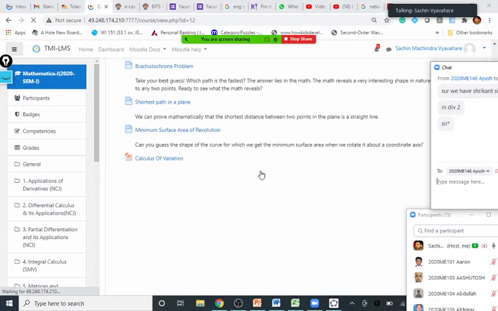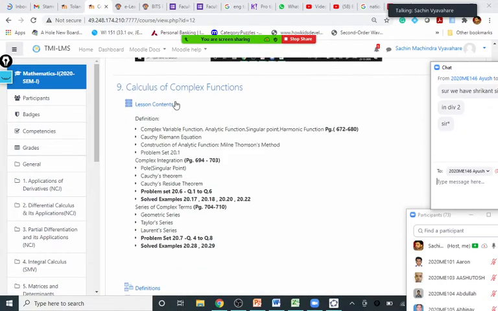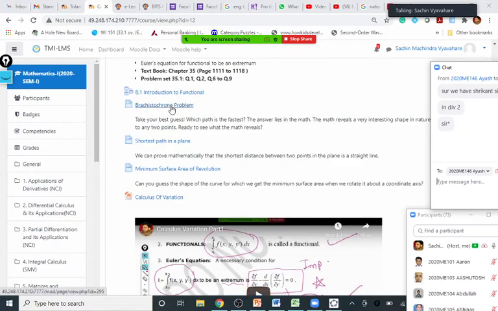This is the calculus of variations. You can find the PPT of the calculus of variations here. Minimum surface area, the shortest path in the plane, the Brachistochrone problem, all those things I kept there. So the Brachistochrone problem is here.